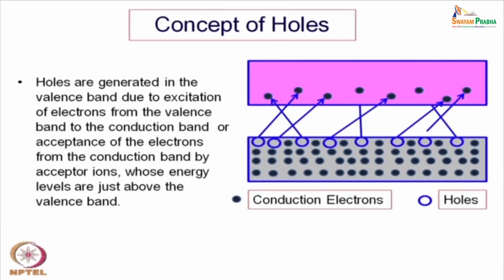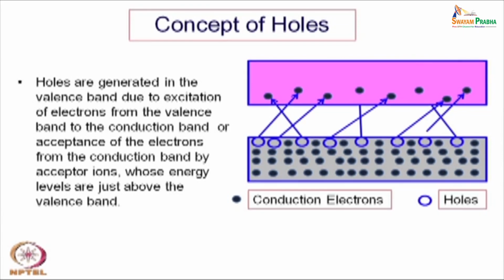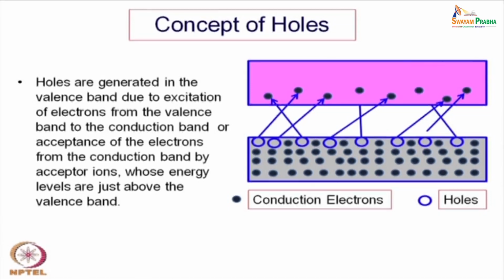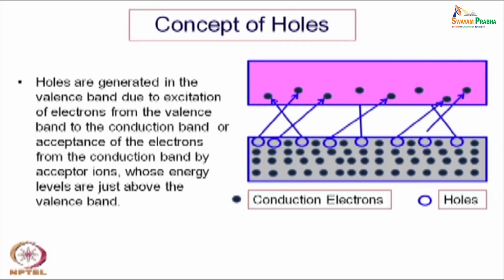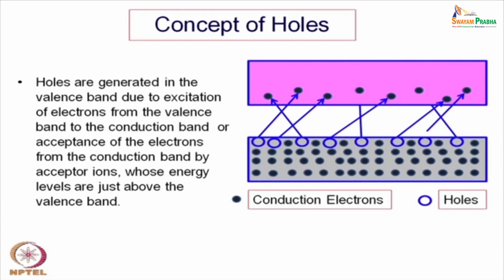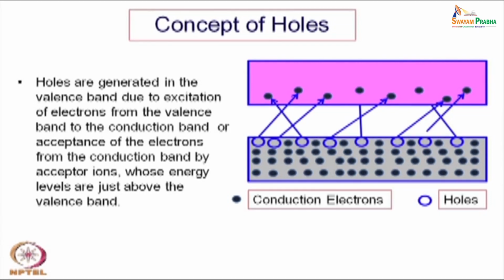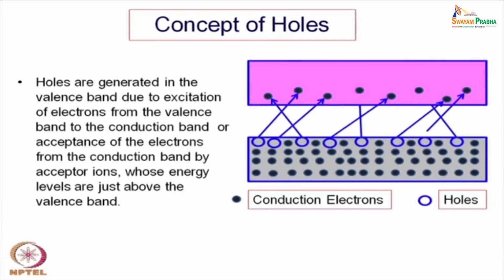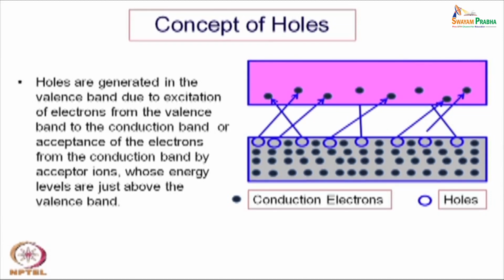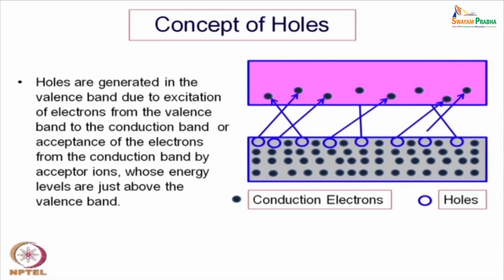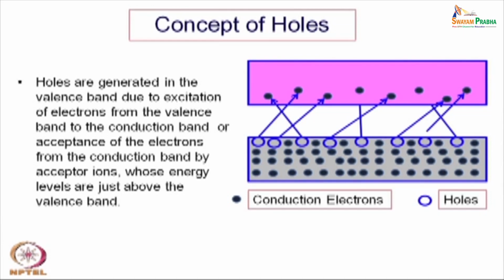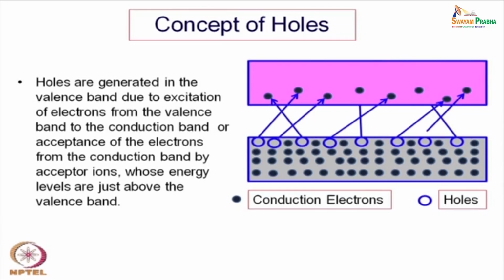So, they can also have mobility, and we can talk about hole concentration, electron concentration, electron mobility, hole mobility, and so on. So, holes are for all practical purposes a second variety of species which can transport charges in a system.